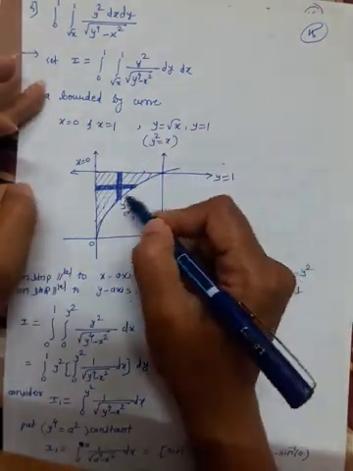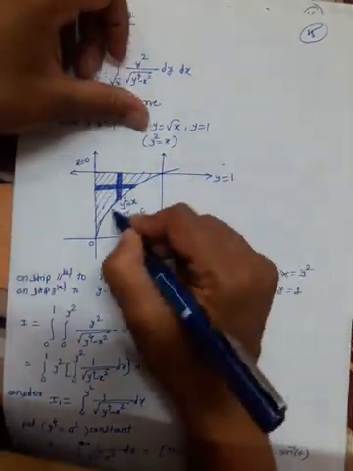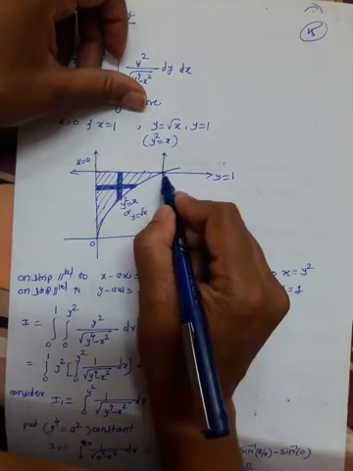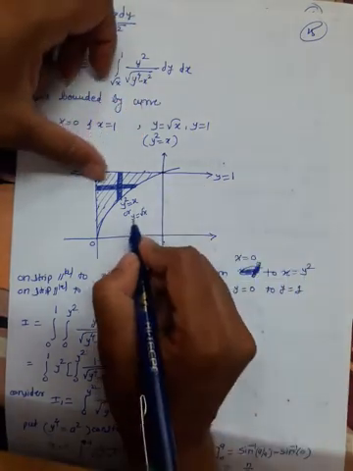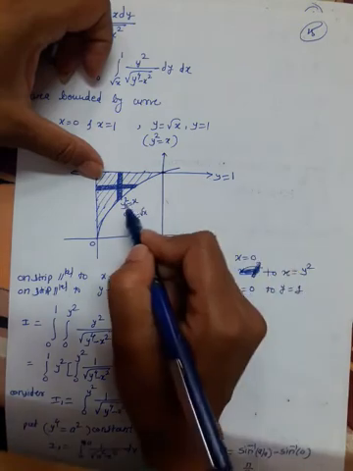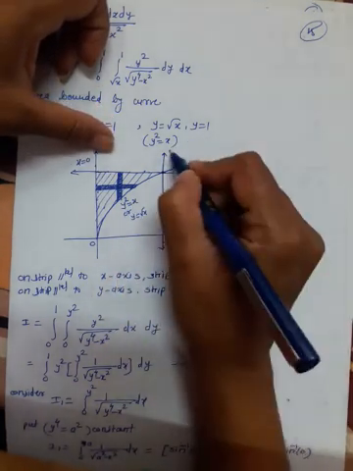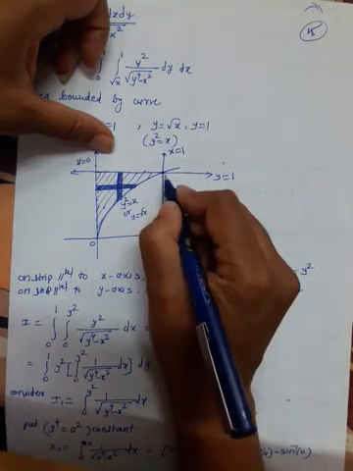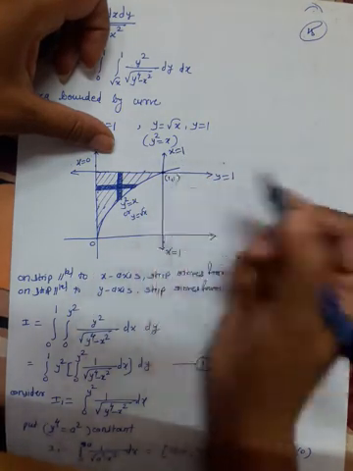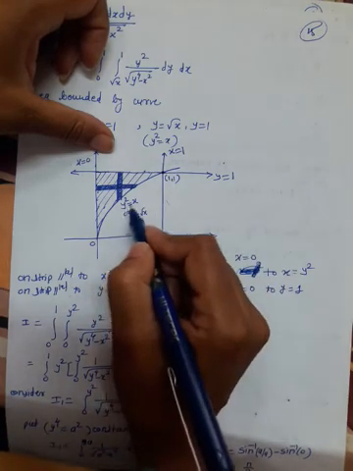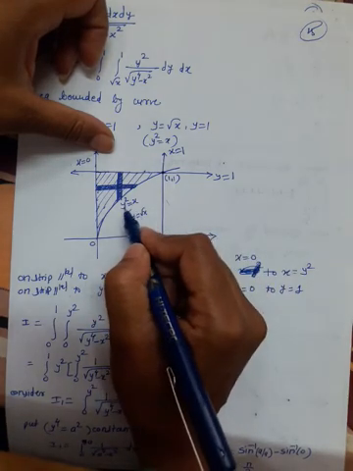This is the curve you get, and obviously this curve should pass through this point of intersection, because if you put y is equal to 1 here, we get 1 square is equal to x, and here x is equal to 1, meaning this point should be (1, 1), and the point (1, 1) satisfies this equation, 1 square is equal to 1.